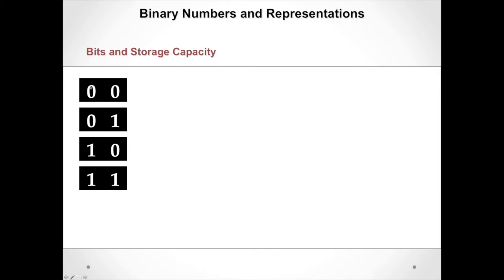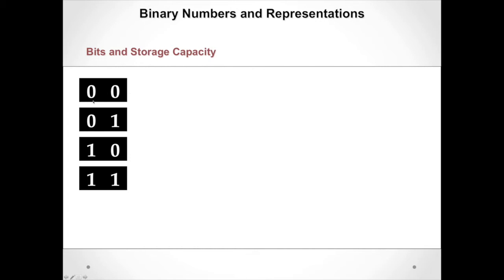So, for example, you may decide to use 00 to represent A. You may decide to use 01 to represent B, 10 to represent C, and 11 to represent D. And that gives you 4 kinds of data that can be represented by a 2-bit system.